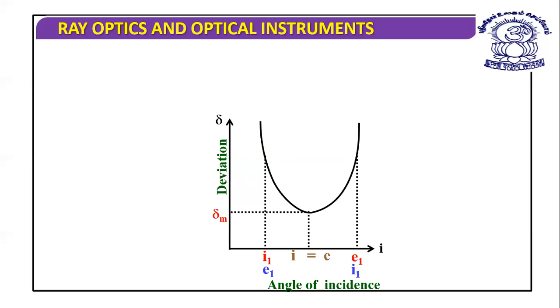Now, if we draw the graph between angle of deviation and angle of incidence, then the graph would appear like this. The minimum value of deviation is called minimum deviation, delta M. This is the minimum deviation.